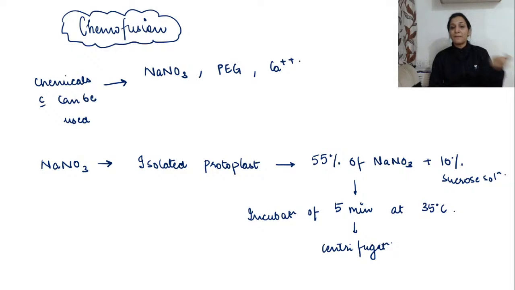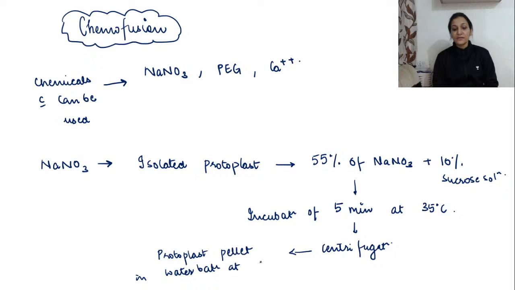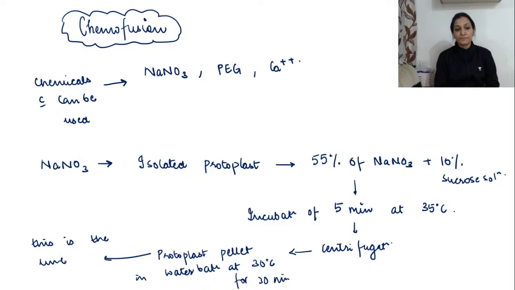That pellet will be kept in the water bath for 30 minutes at 30 degrees Celsius, during which the actual fusion is going to occur. So we'll write this, that the protoplast pellet will be kept in a water bath at 30 degrees Celsius for 30 minutes, and this is the time when fusion occurs.